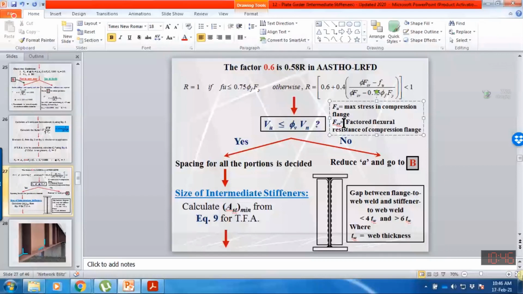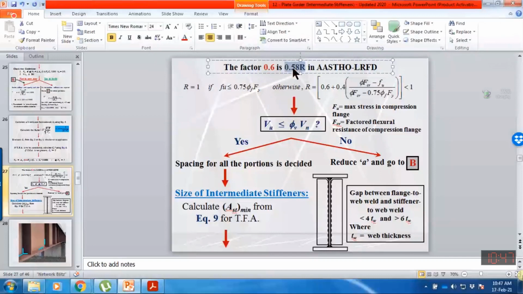That is the Fcr value that we use to compute the flexure capacity of the compression flange. Then we need to compute the R value accordingly. But for these cases, you can still consider this factor 0.6 as it is. In actual design in the field, it is recommended to compute this parameter rather than using 0.6. Because this parameter is normally between 0.5 and 0.58, it is less than 0.6, so you can still use the parameter 0.6. No need to consider it for the examination.